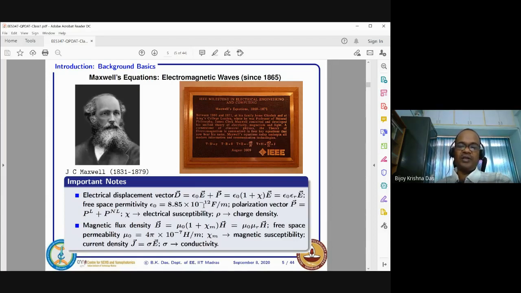And this additional polarization vector, which accounts for the material interaction with the electric field, can be decomposed into two terms, PL plus PNL. L means linear, and the other term is nonlinear.